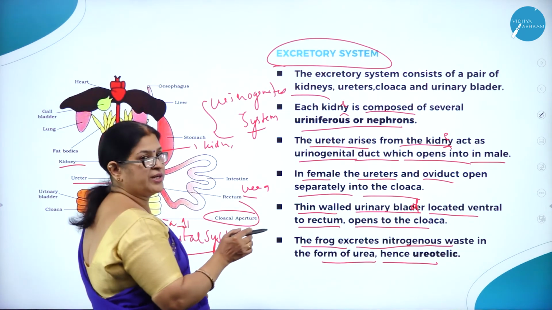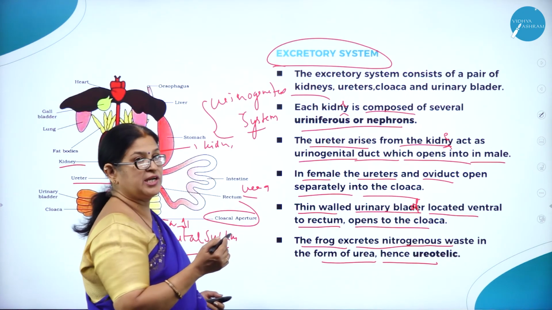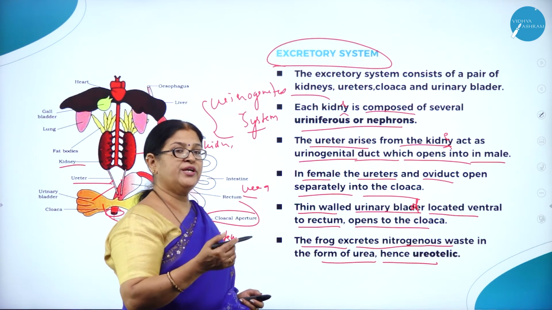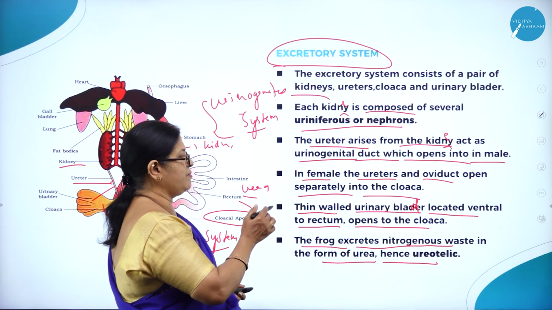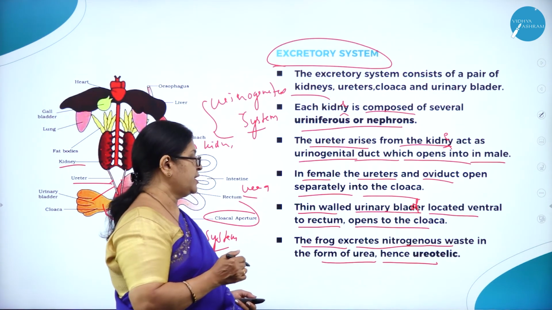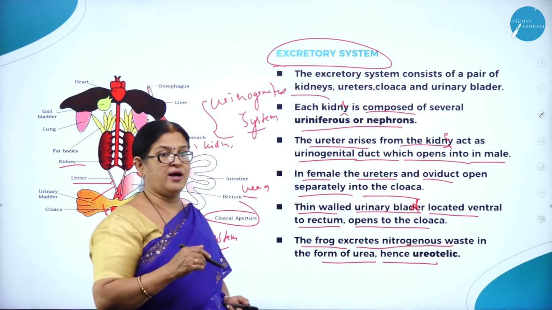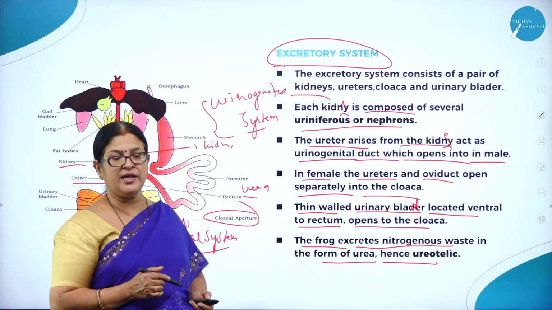In the female, the ureters and oviduct open separately into the cloaca, which is why in males we call it the urinogenital system. The thin-walled urinary bladder, located ventral to the rectum, opens into the cloaca. The frog excretes urea as nitrogenous waste, hence it is called a ureotelic animal.